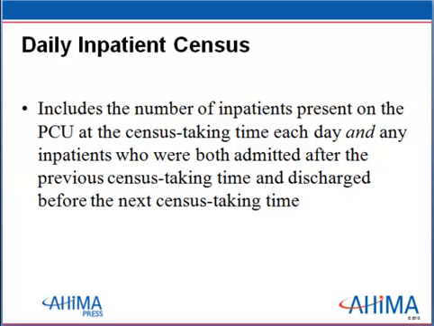So a patient admitted to the hospital at 8 a.m. on June 1st and discharged at 10 p.m. that same day obviously is not going to be present at the midnight census taking time, so they would not appear on the census report. But for daily inpatient census, we also add those admit and discharge on the same day. So that would include that extra patient.